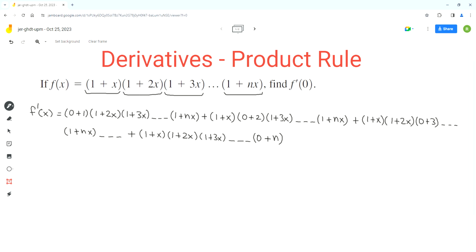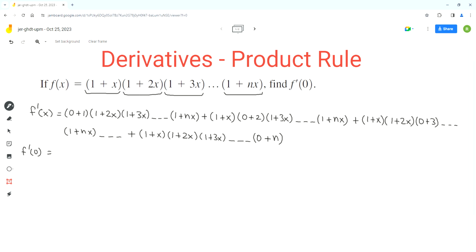Now we have to find the derivative of this function at x equals 0. So in the next step, we can sub in x as 0 in this expression. We don't have to simplify it first because that will save us time and steps. So we get f prime of 0.